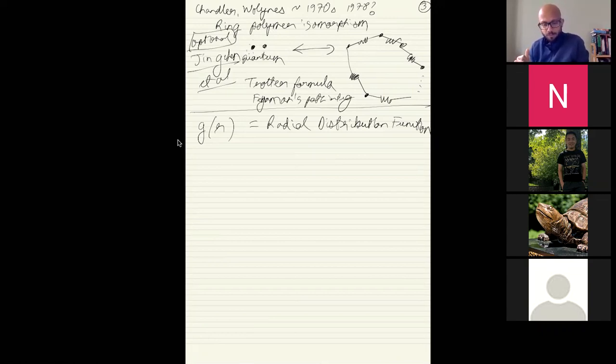First of all, let's get some intuition into what this g of r is. We are going to plot it for typical materials, typical molecules, and we are trying to develop some intuition for it.